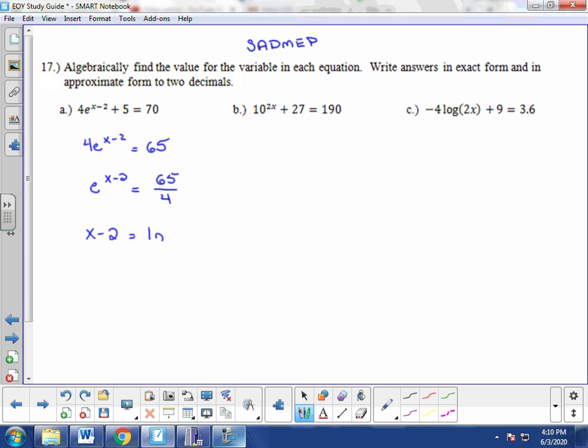So x minus 2 equals the natural log of 65 over 4. Again, natural log is just log base e. Now we need to add 2, so x is the natural log of 65 over 4 plus 2. We add 2 to both sides to get x by itself.